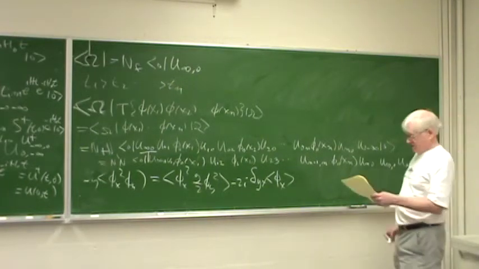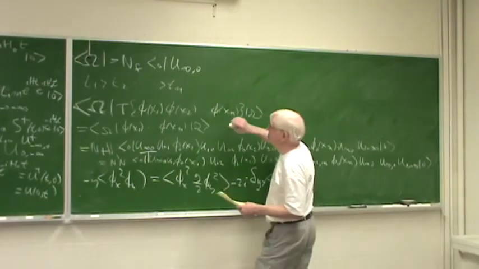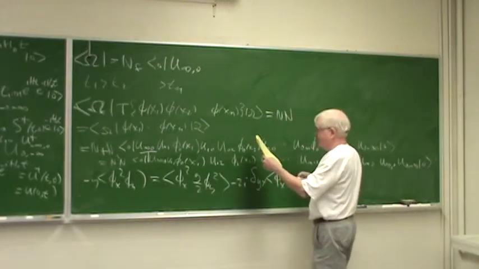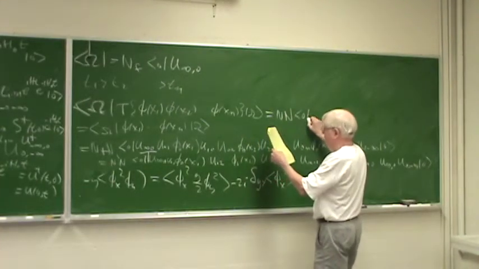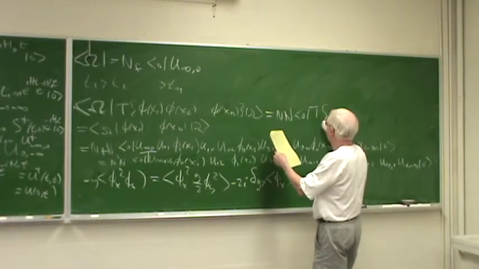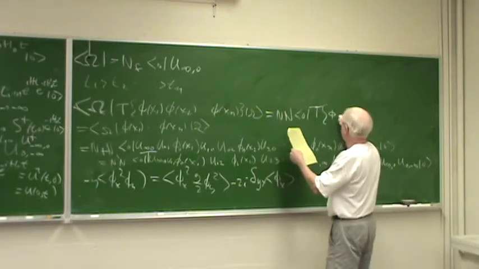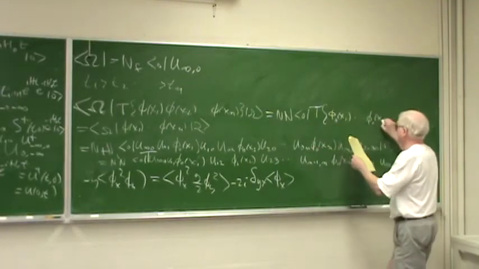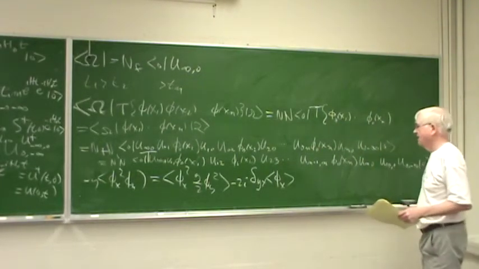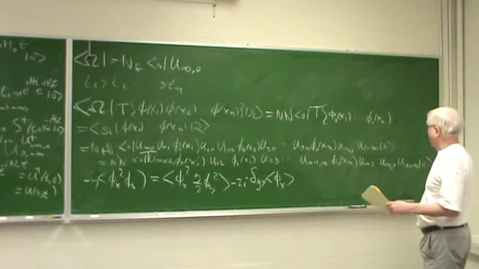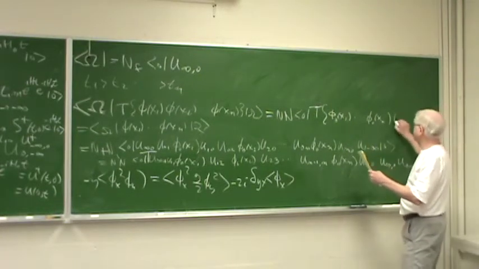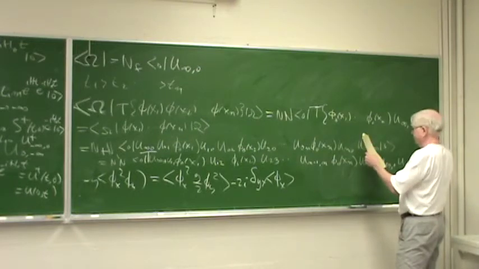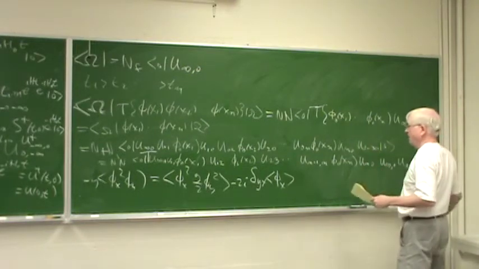So now what we've got is that this thing here is those proportionality factors 0, T, phi 0 x1 dot dot dot phi 0 xn, and U infinity minus infinity 0.